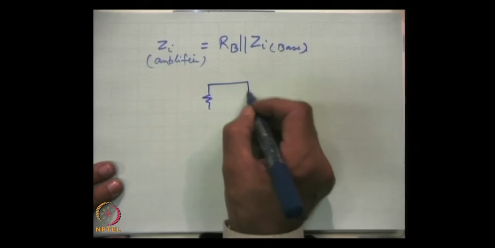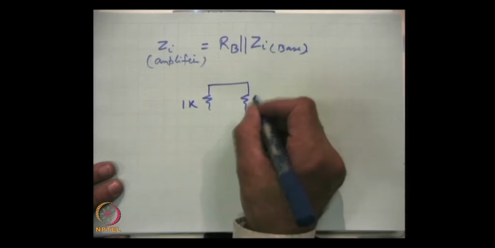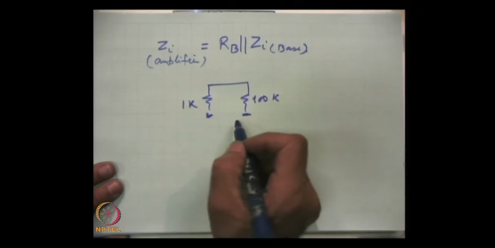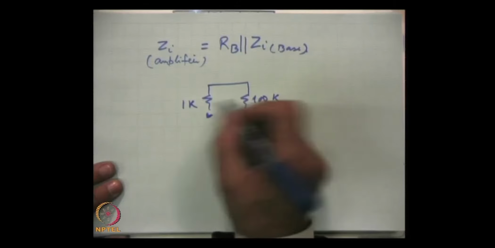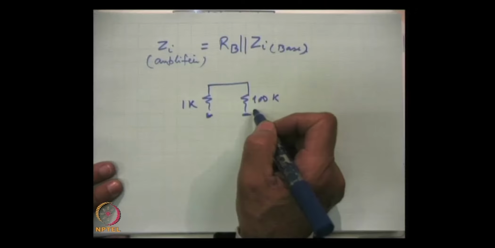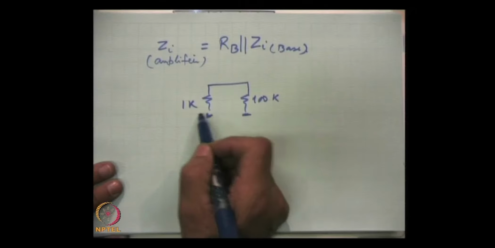I do not know if you have ever thought on that. If there are two resistances, 1 k and say 100 k, these two resistances in parallel will result in an effective impedance less than 1 k in this case.